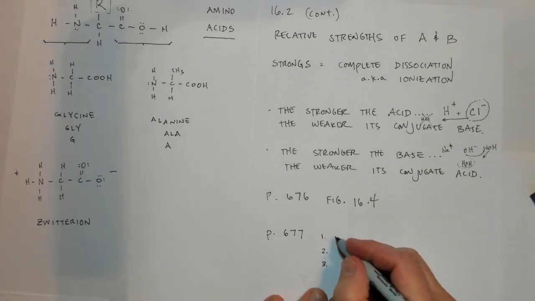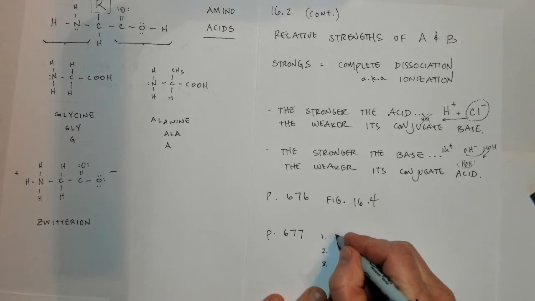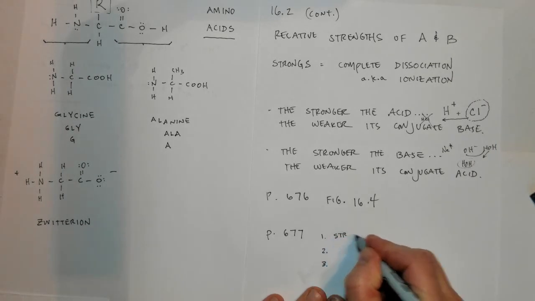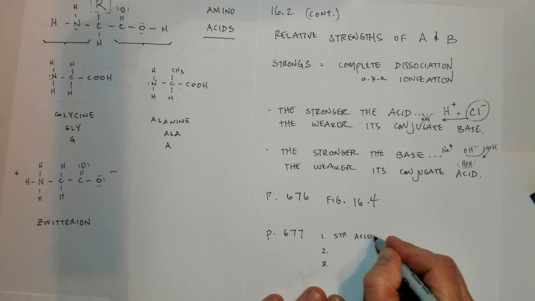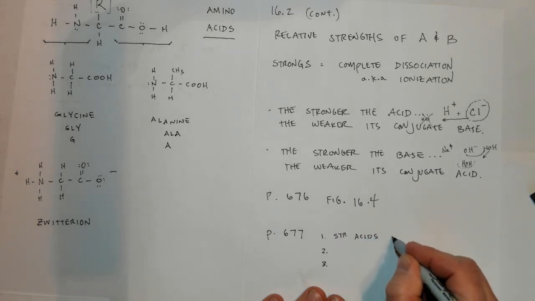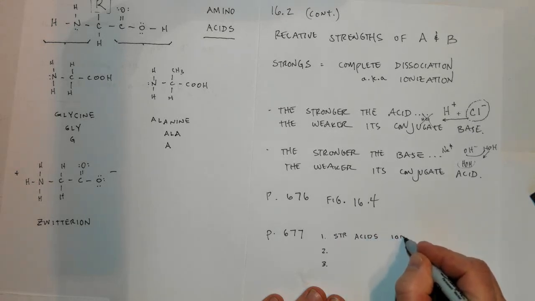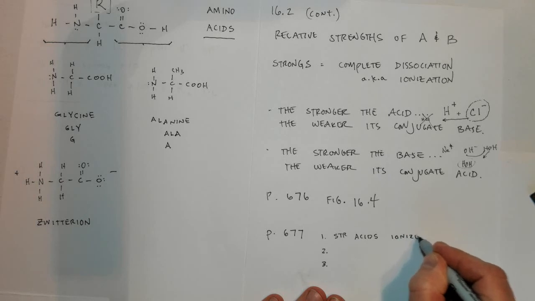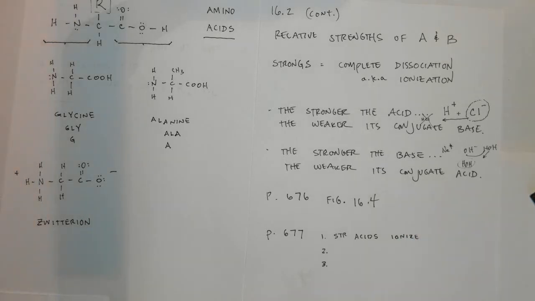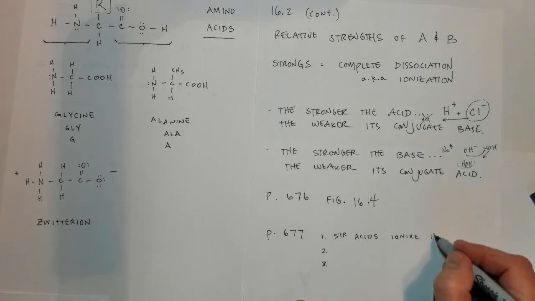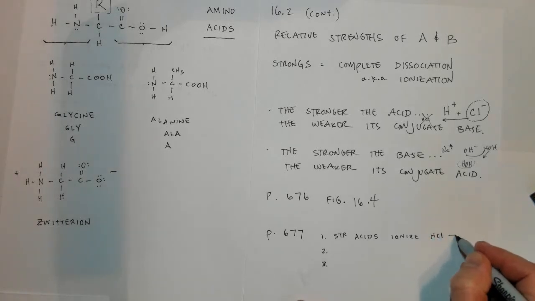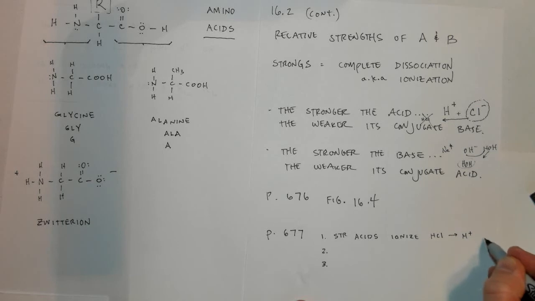So rule number one is that strong acids completely dissociate or ionize in solution. They split up, and therefore they don't exist as something like HCl aqueous. They only exist as H plus and Cl minus.